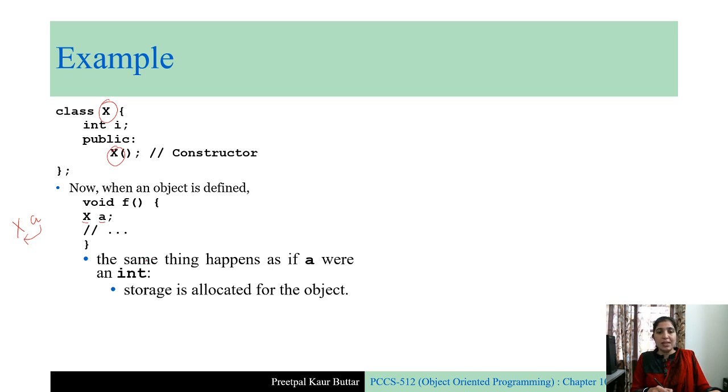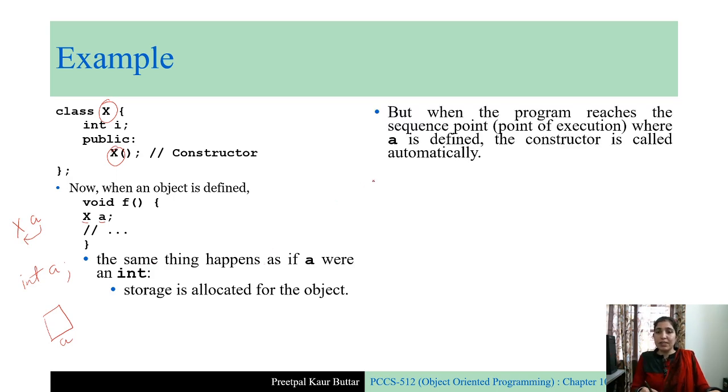The same thing happens as if a were an integer. If you write int a, then memory is allocated to variable a. Similarly, when you write X a, memory is allocated to variable a, where a is an object of class X.